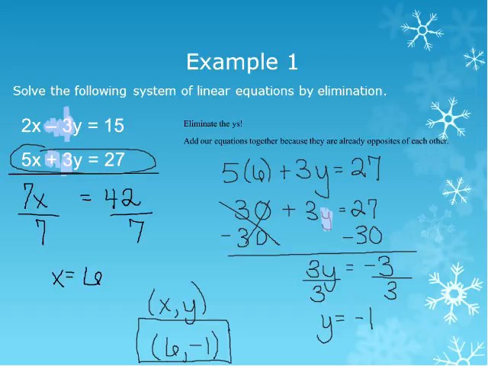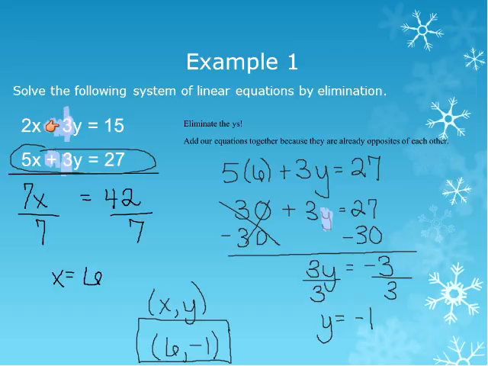Okay. And this point is going to represent where your 2 lines intersect. So those 2 lines are intersecting at 6, negative 1. Okay. Now to check your work, because it's always good practice to check your answer, what you would do is substitute both the 6 and the negative 1 into both equations and make sure you get true statements.